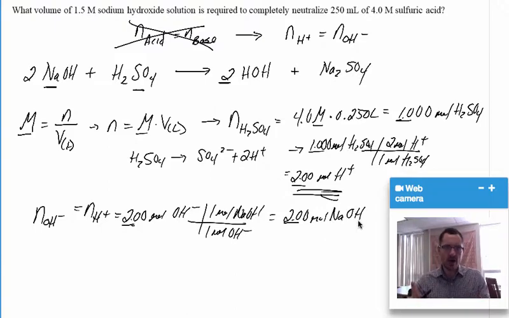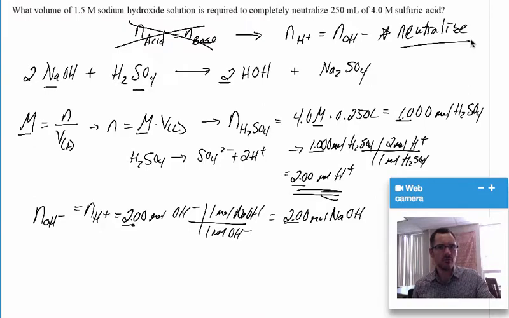So let's break this down. I went from my concentration and volume of sulfuric acid to moles of sulfuric acid to moles of protons, and because moles of protons equals moles of hydroxides to neutralize our acid-base reaction, I know the number of moles of hydroxide, then the number of moles of sodium hydroxide.